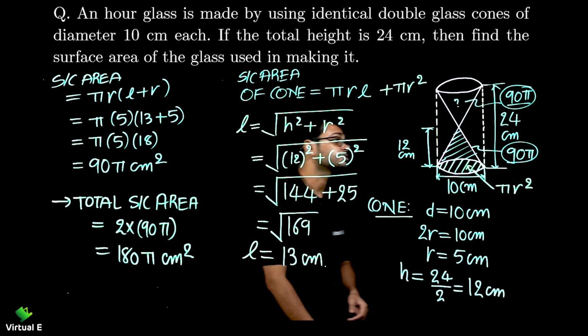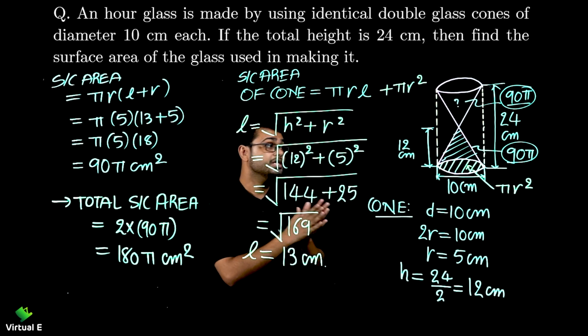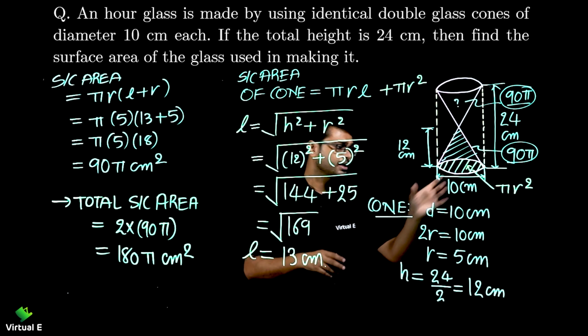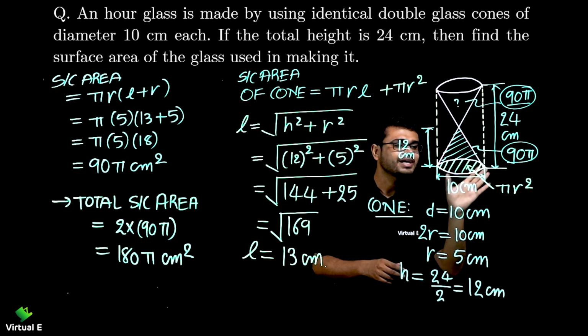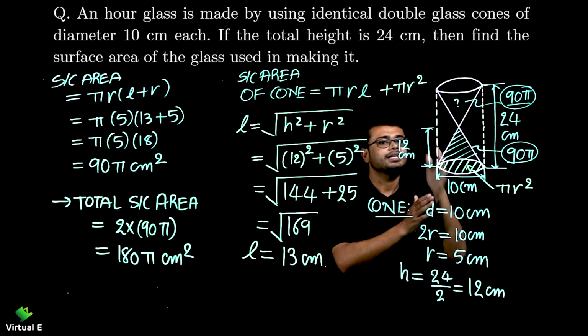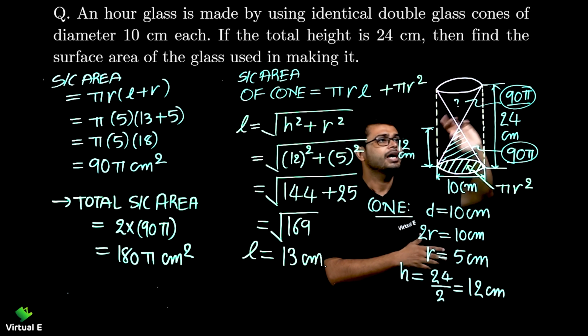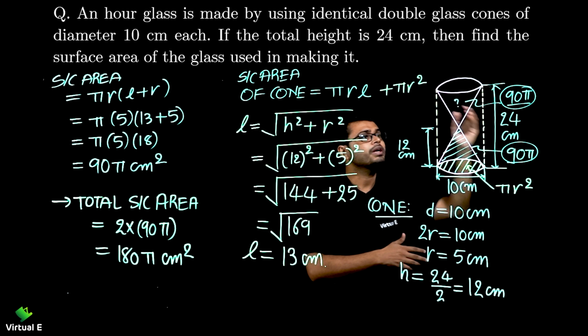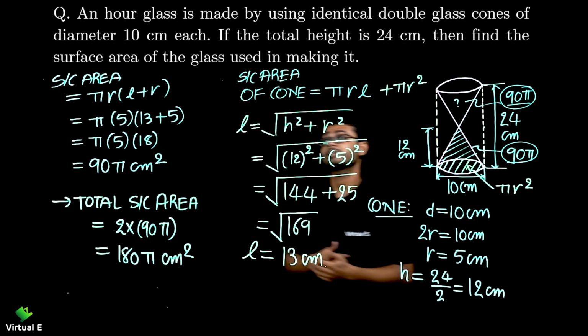Let's recall the steps. We have two identical cones, it is an hourglass. Radius is given, indirectly through the diameter, so 5 centimeter is the radius. Then we have the height, because the total height of the hourglass is given and both cones are equal, so 24 divided by 2 gives 12 centimeter.